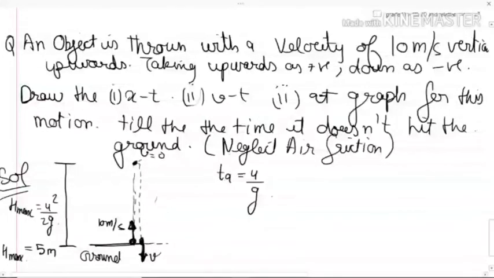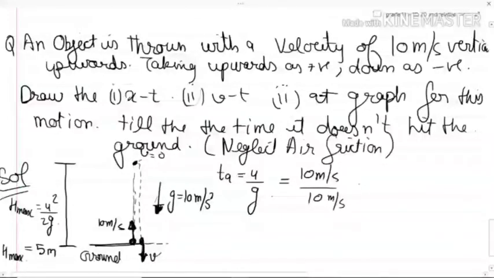If you don't remember the formula, guys, don't worry. Even if you don't remember the formulas, you can derive them easily. Take the initial point, take the final point, apply equation of motion. This is the acceleration acting in the downward direction and take it as 10 meter per second square. So TA is basically u by g and that will be equals to 10 by 10.